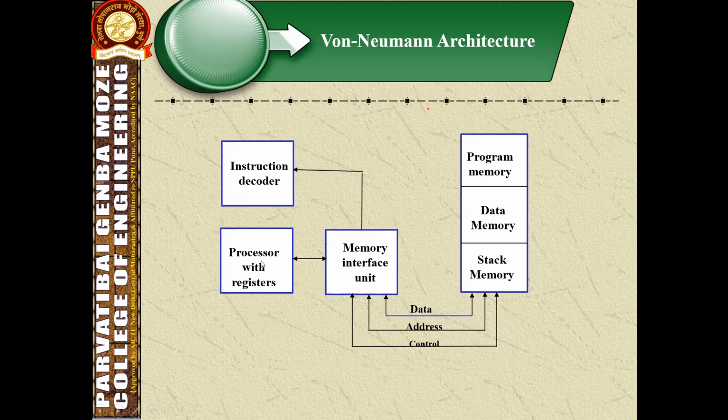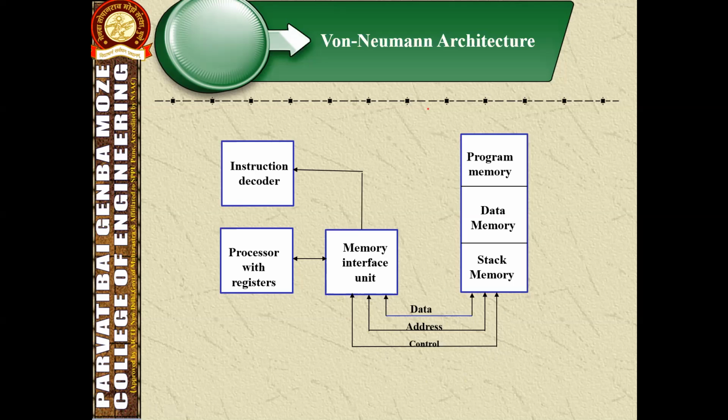So whenever the instruction is decoded, it will give a command to the processor or register, as well as sense the address of the memory to be accessed using the address bus, access the data of the respective memory using the data bus, and use the control signal to indicate what type of operation has to be performed, either a read operation or a write operation.